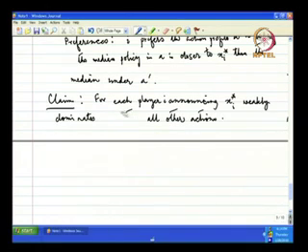Now, notice this is a stronger result than what we have seen before. In the previous exercise, there were two actions, and we saw that one action was weakly dominating the other. Here, for each player, for example player i, this action xi star weakly dominates all other possible actions that he can take.